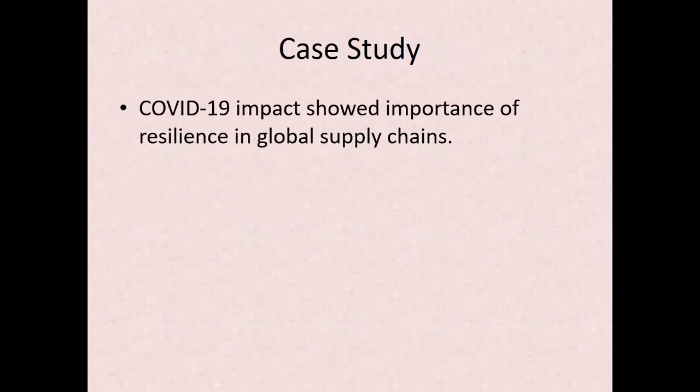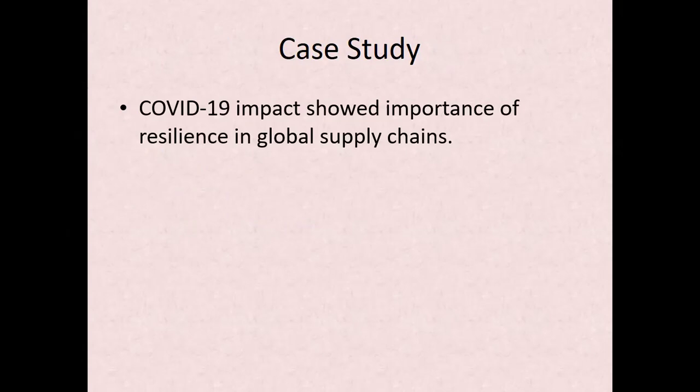Let us take a simple case study based on past real events. Let us consider a real-world example. During the COVID-19 pandemic, many companies failed to follow certain measures in the case of severe natural disruptions due to dependency on a single supplier.